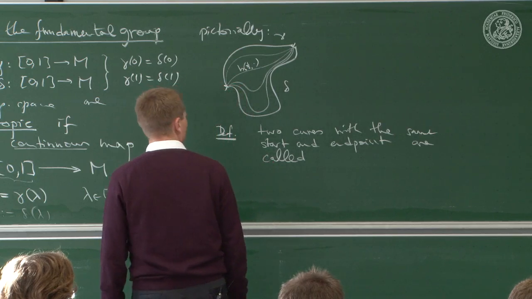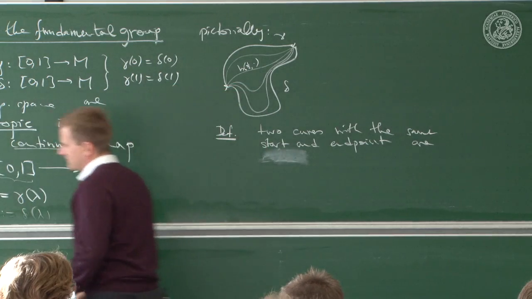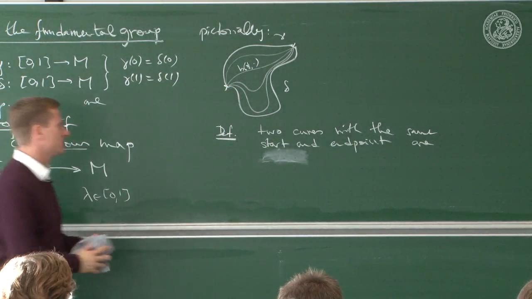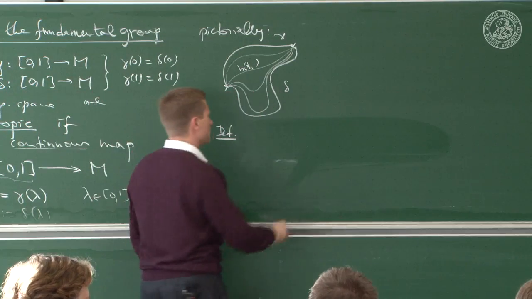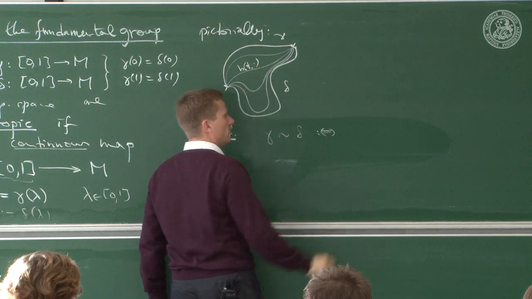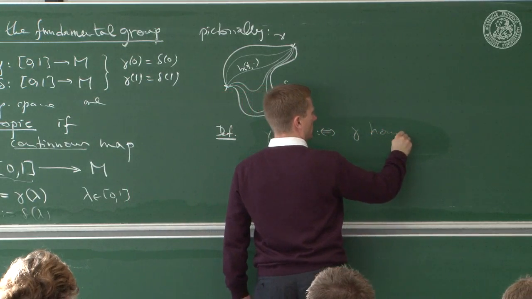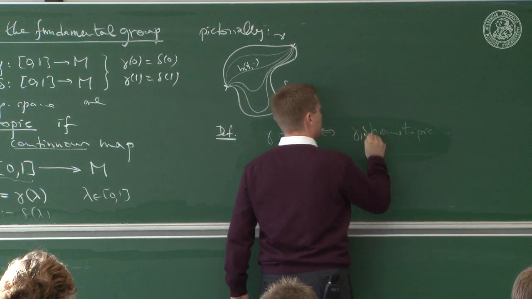We already called them homotopic. Being unnecessarily repetitive here. So let's say two curves with the same starting and end point, gamma and delta. We use the symbol if gamma, delta are homotopic.